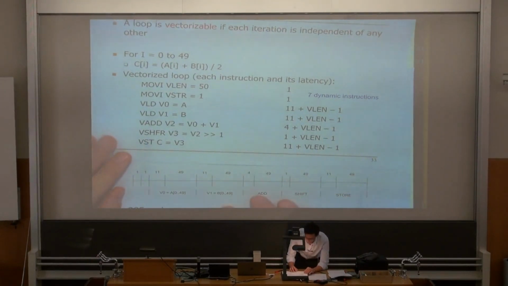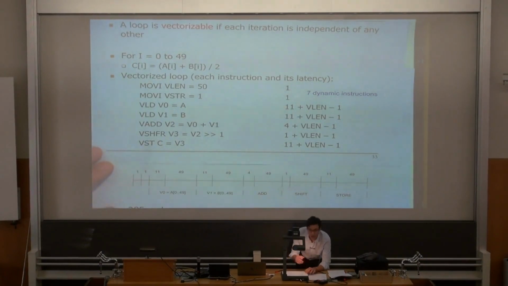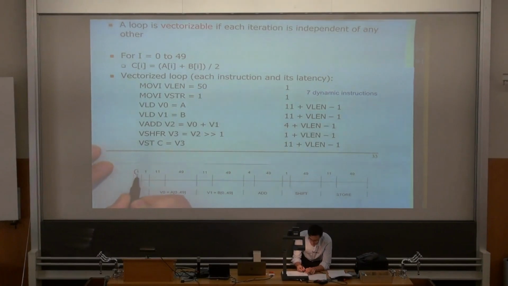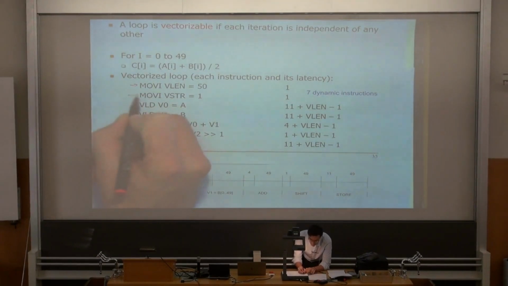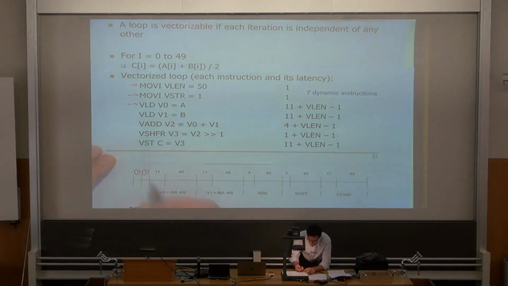So this is the timeline that I mentioned before. This first cycle here corresponds to this move instruction, second cycle to this instruction, and now we start the vector load. We will see the entire 11 cycles for the very first element, but because we have 16 banks, we can issue one load every cycle.